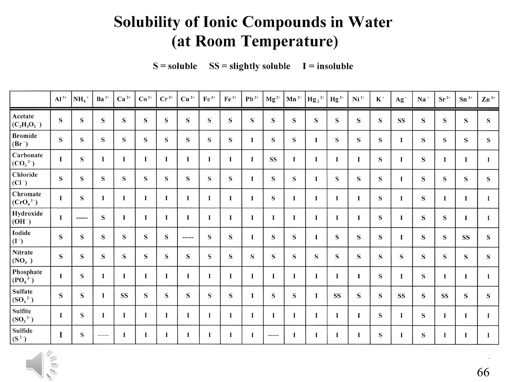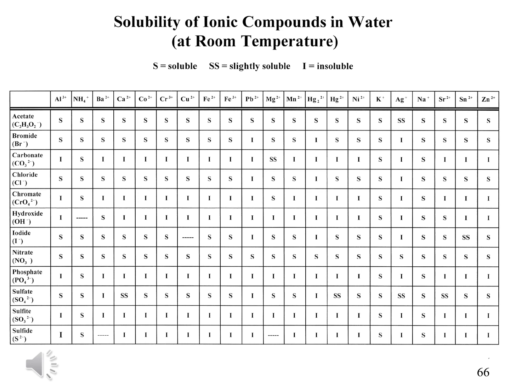If there's an S in the square, obviously it's soluble. If there's an I, it's insoluble. And there's only a few that are SS, which are actually compounds that were discovered by the German secret police. Now, that's not what they are. Anyway, they are slightly soluble ones. And the ones with dashes in the squares don't even exist in water.